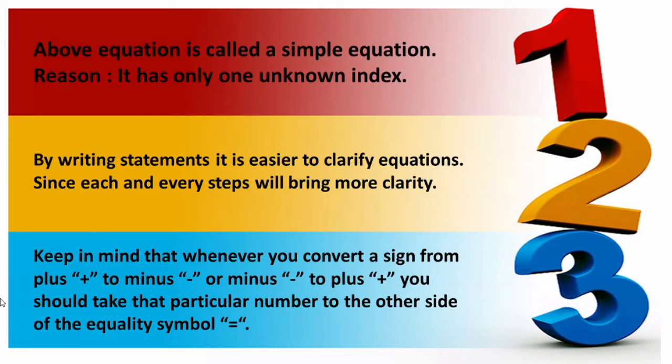Initially he had X amount, so you can write the statement as: the number of mangoes the vendor had initially equals X. The second statement is: the number of mangoes the vendor bought equals 24. And the third statement goes: the total number of mangoes the vendor has now. When he had X and bought 24, it's going to be X plus 24. Moreover, since the total number of mangoes the vendor has now is 114, you write the constructed equation as X plus 24 equals 114.